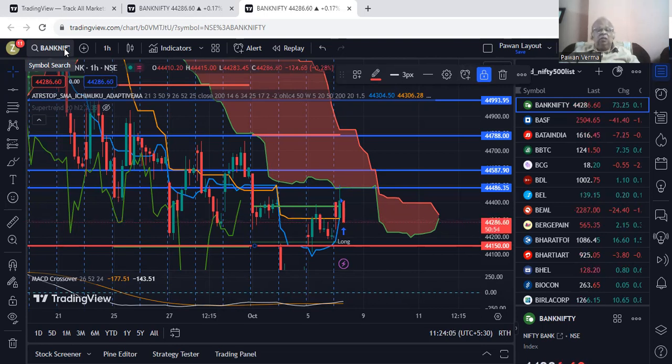Again, I will repeat: go through the indicator, analyze its components, and when you are familiar with it, do paper trading and thereafter enter the market.